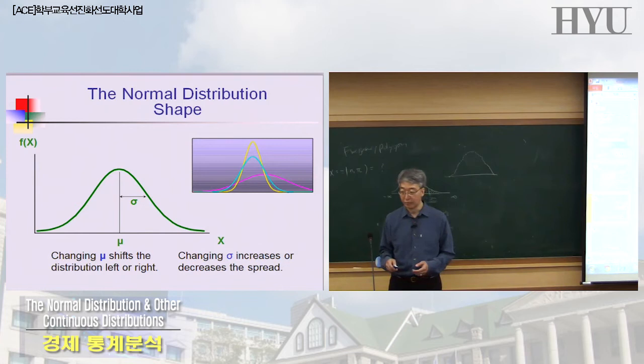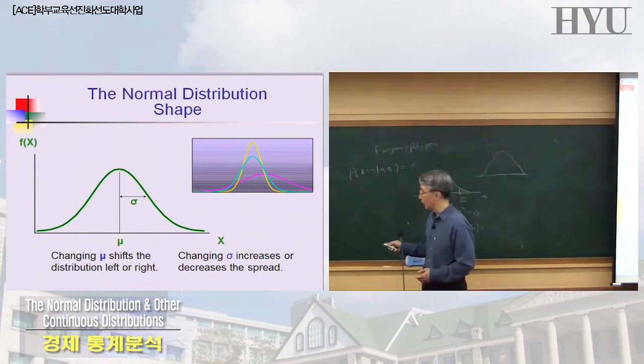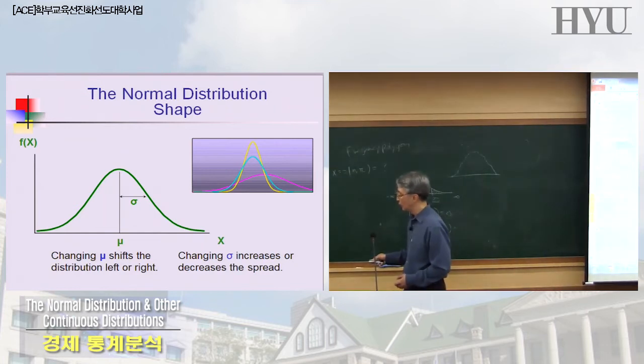Some are wide or fat like this, some are narrow or sharp like this. So we can think about many different shapes of normal distribution, and it depends on the mean and the standard deviation.